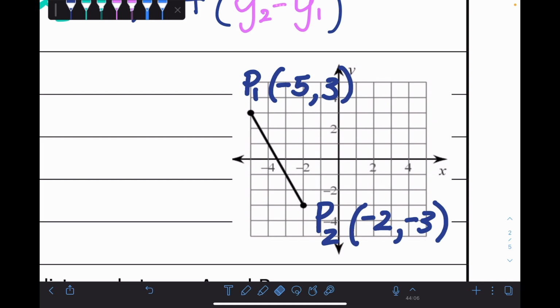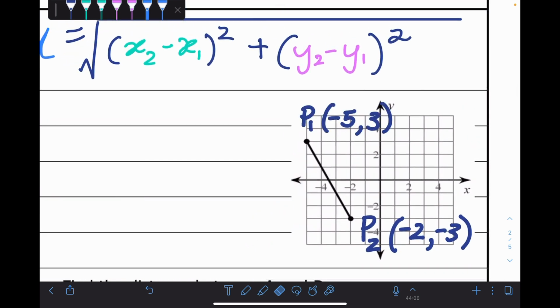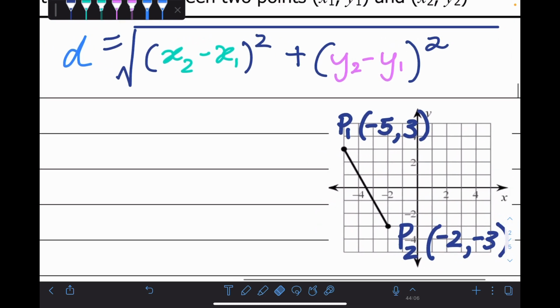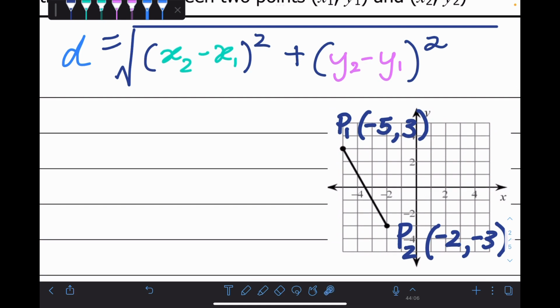Alrighty, got my points ready to go. All I need to do now is put them into this formula. So let's start writing these things down.